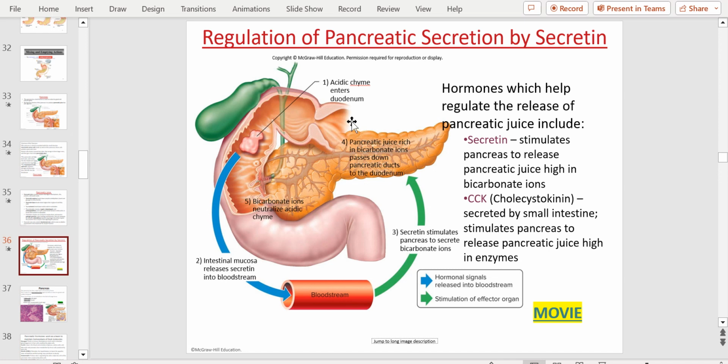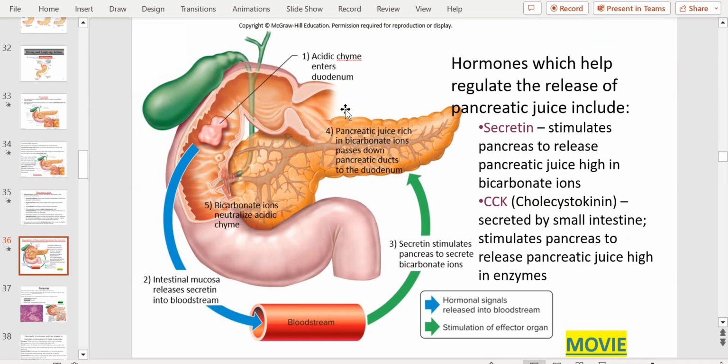And you'll see what's going on here. We'll just blow this up a little bit. So the acidic chyme enters the duodenum, right in here. The intestinal mucosa releases secretin into the bloodstream. Those sensors, stretch receptors, realize there's something there.